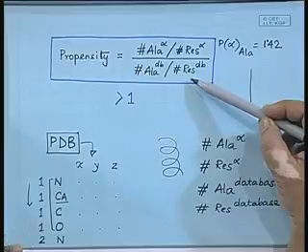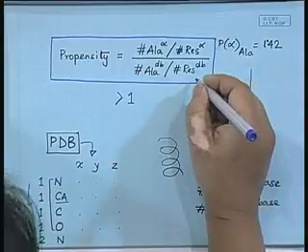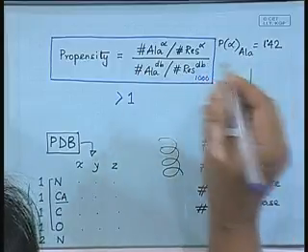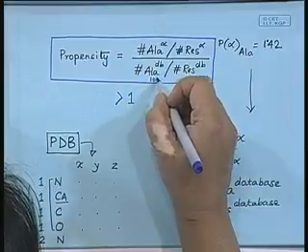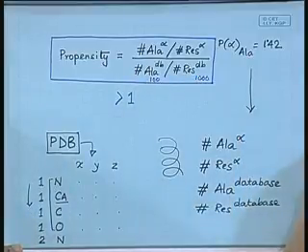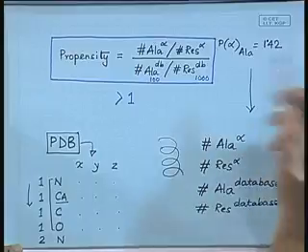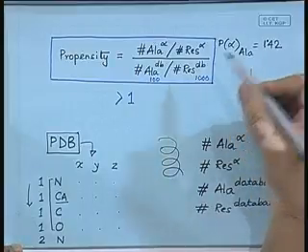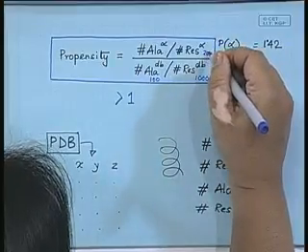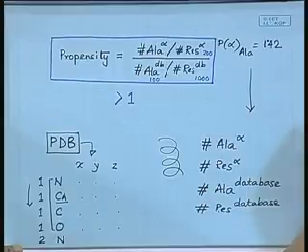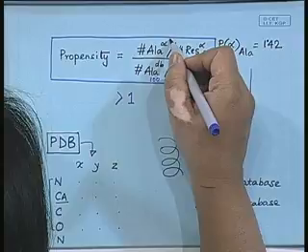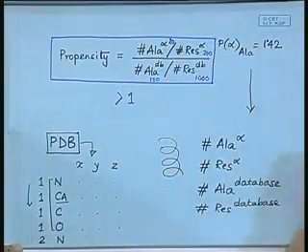Say I have 1,000 residues in the database, and 100 of them are alanine. That is possible. Of the 1,000 residues in the database, 200 are there in alpha helices, of which 20 are alanine.